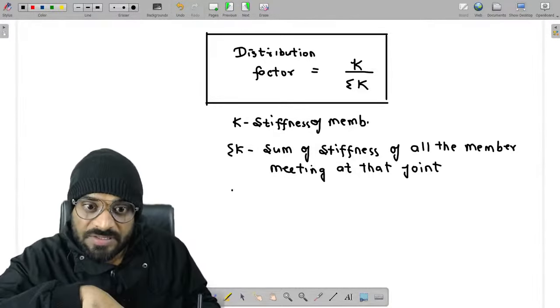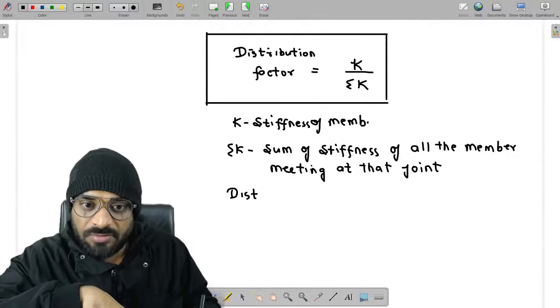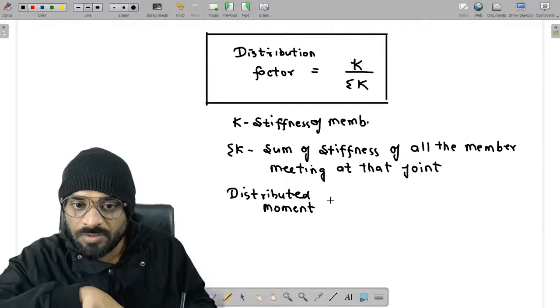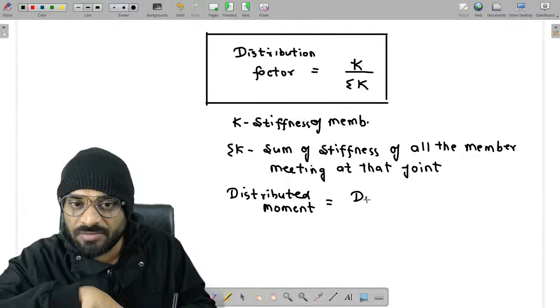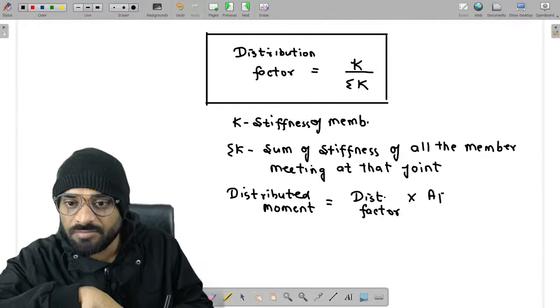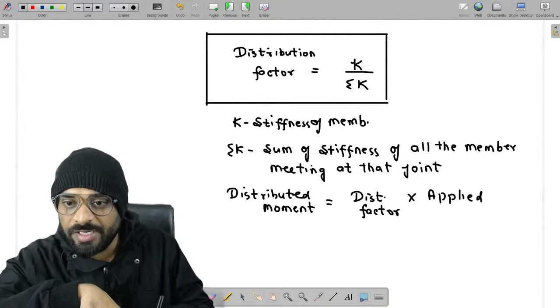Now, distributed moment. Distributed moment is basically distribution factor multiplied by applied moment, right?